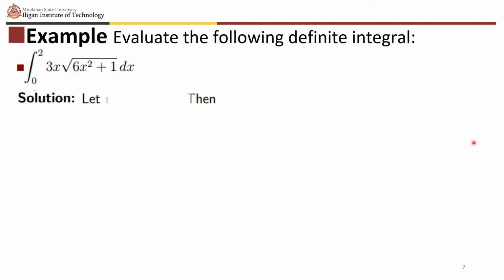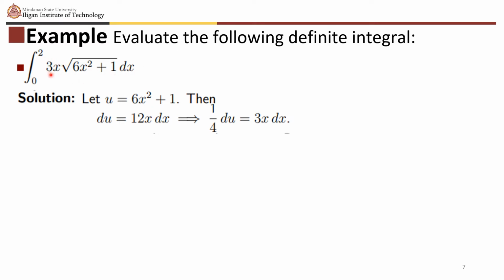For the solution, we let u here be equal to 6x squared plus 1. Then, if we try to take the derivative of u, you will come up with 6 times 2 will give you 12x, plus the derivative of 1 is 0. So you will have du is now equal to 12x dx. But notice that you only have 3x dx here.